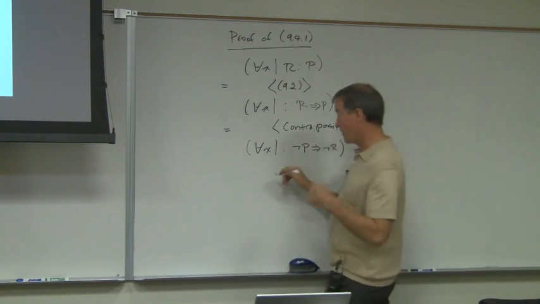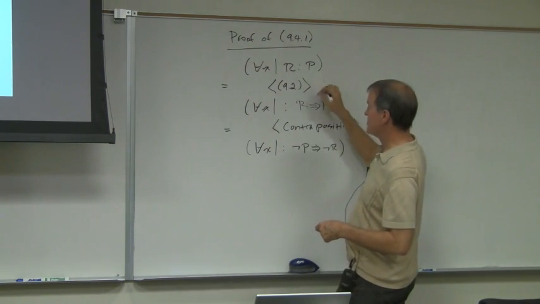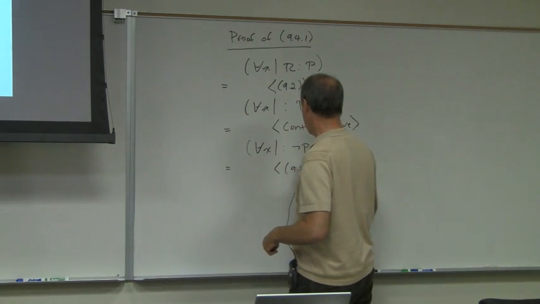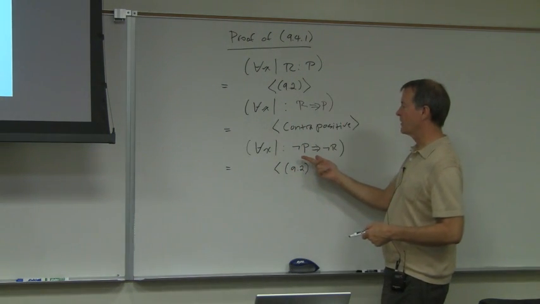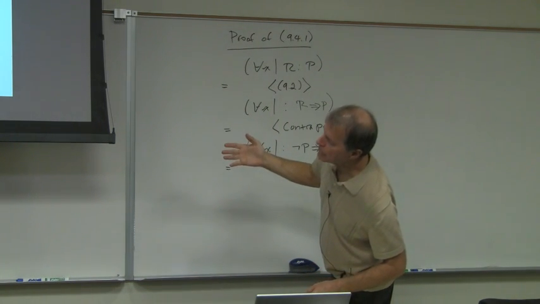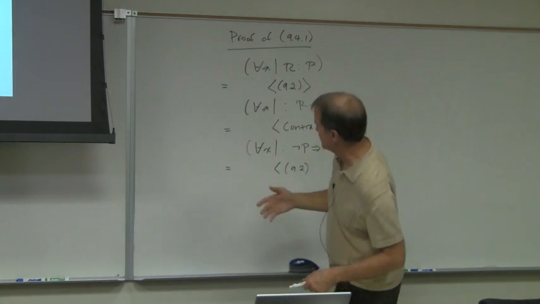Okay? And now we go back and use 9.2 again. So this equals 9.2, but of course it's 9.2 with, what is it? 9.2 with R implies P replaced by what?